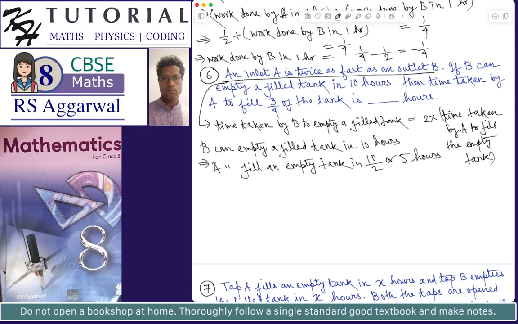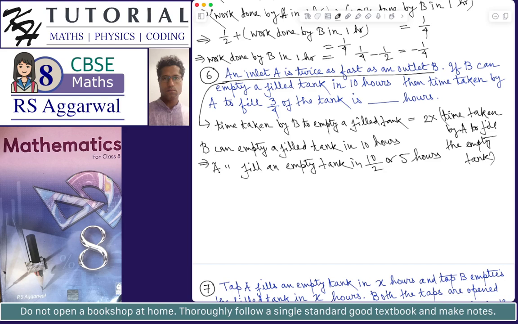Okay, so now we know that A can fill an empty tank in 5 hours. Now it is asking how much time it will take the tap A to fill 3/4 of the tank.